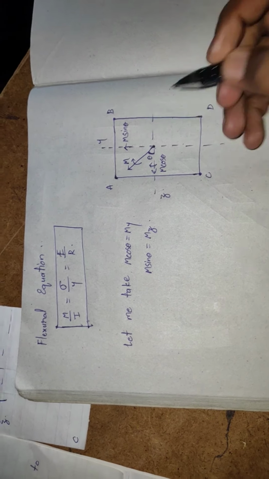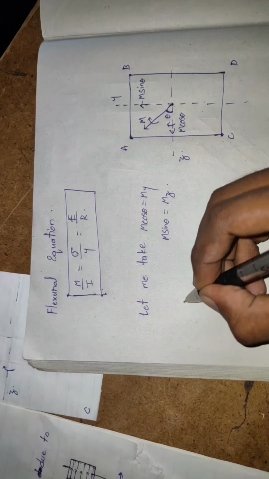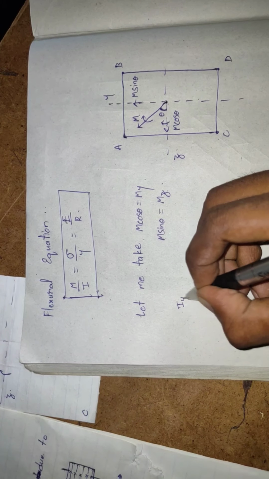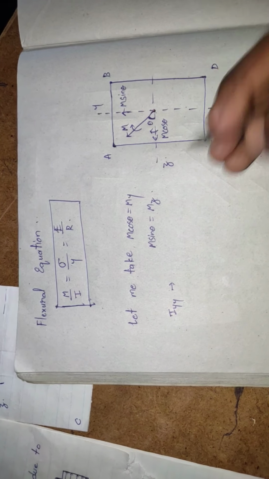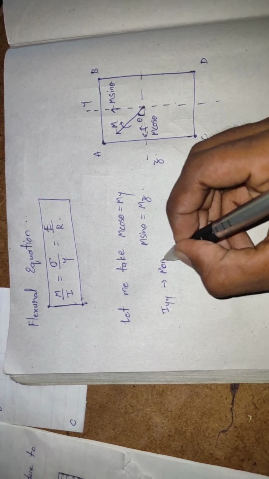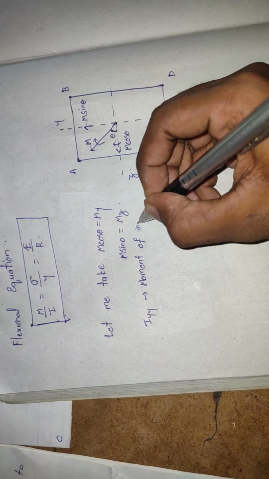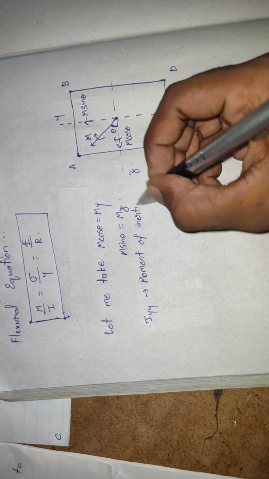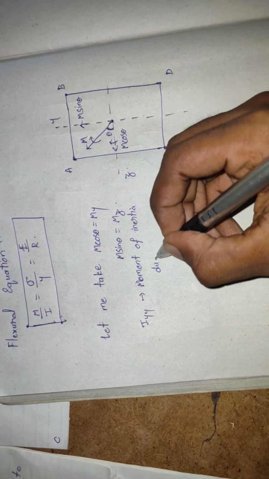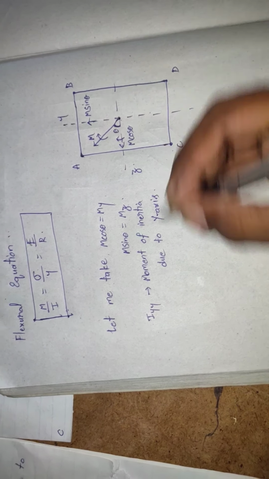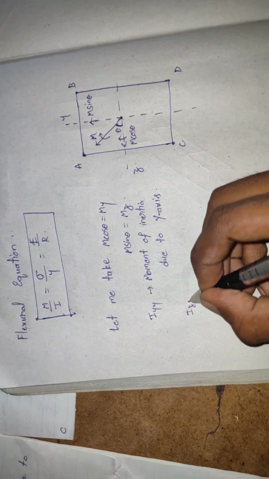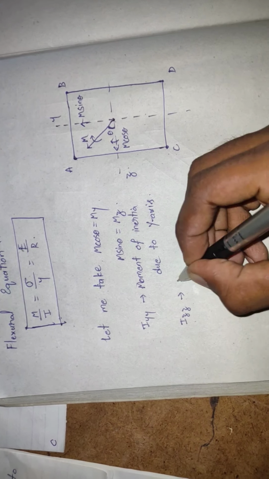Now Iyy is the moment of inertia about the y axis, and Izz is the moment of inertia about the z axis.